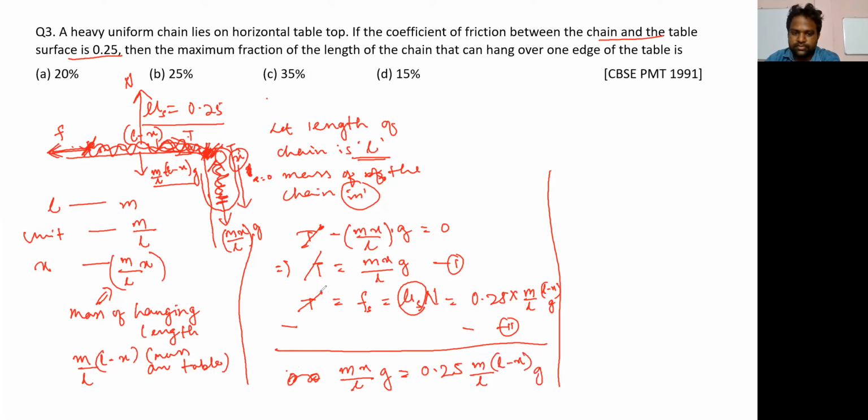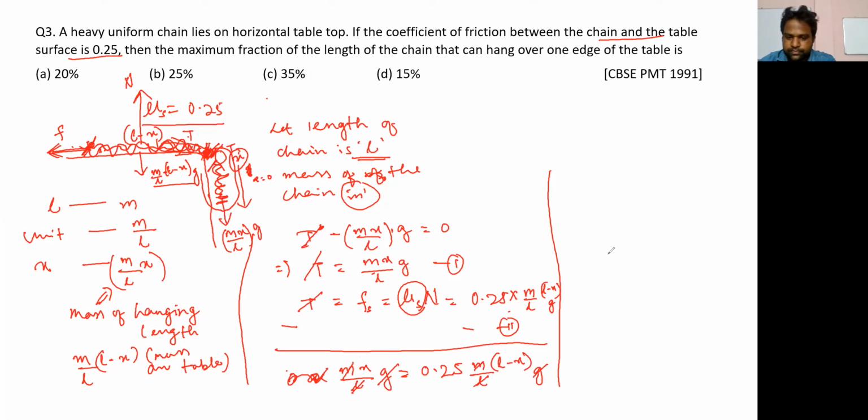If you do this by elimination, T cancelled, then this quantity minus this quantity is 0, so this quantity will come to the right side, same thing we will get. Now you can see M will get cancelled, g will get cancelled, and L will get cancelled.